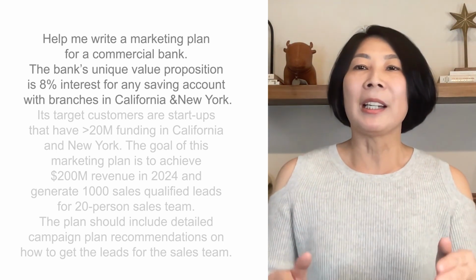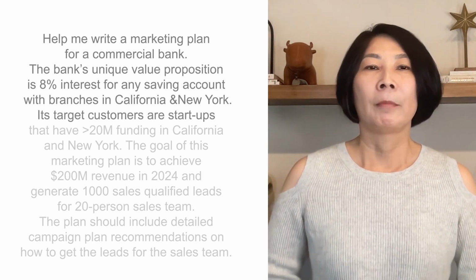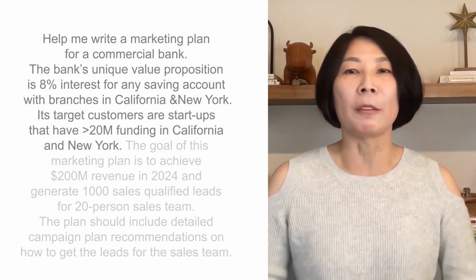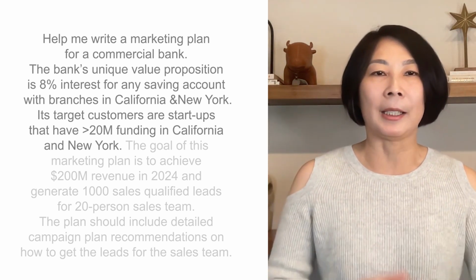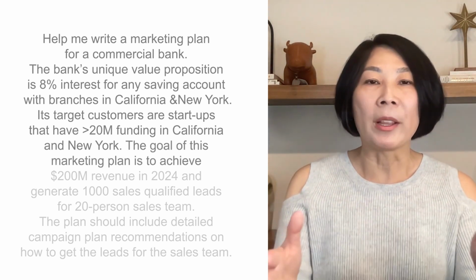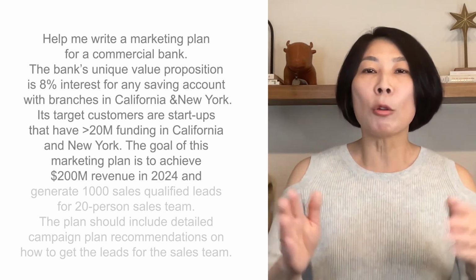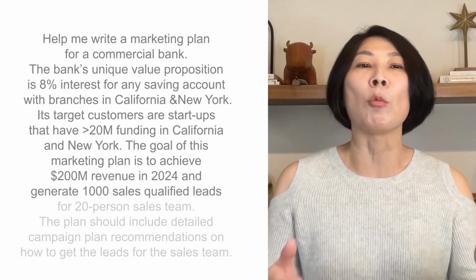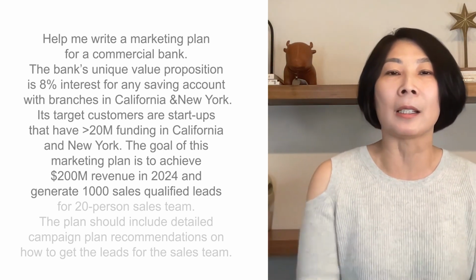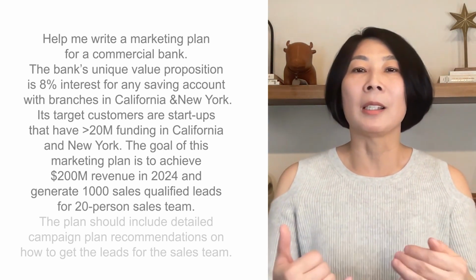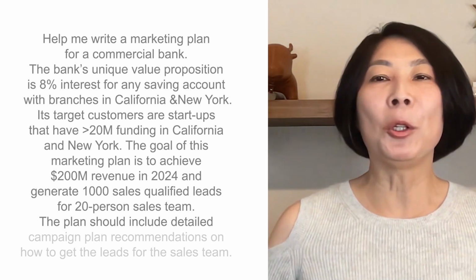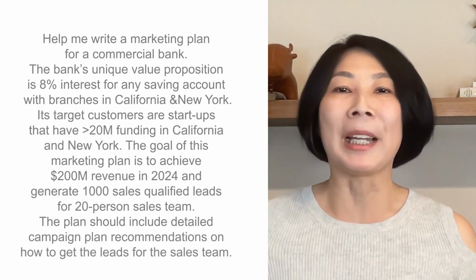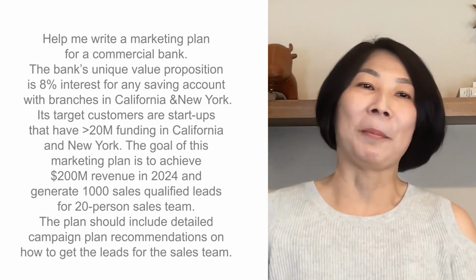They have branches in California and New York. Its target customers are startups that have more than $20 million of funding in both states. The goal for this marketing plan is to achieve $200 million worth of revenue in 2024 and generate 1,000 sales qualified leads for its sales team. The plan should include detailed campaign plan recommendations on how to get the leads for the sales team.